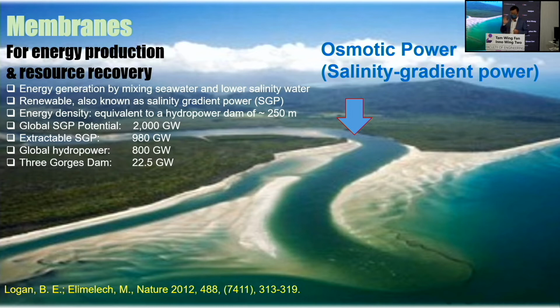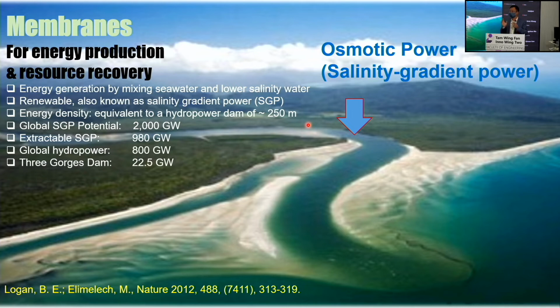So if you compare, for example, to typical hydropower, a dam generating hydropower, this kind of typical salinity difference is equivalent to 250 meters in water elevation.